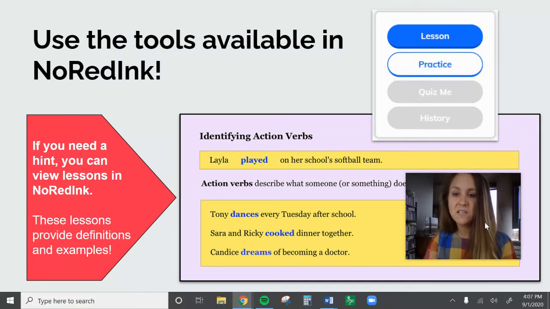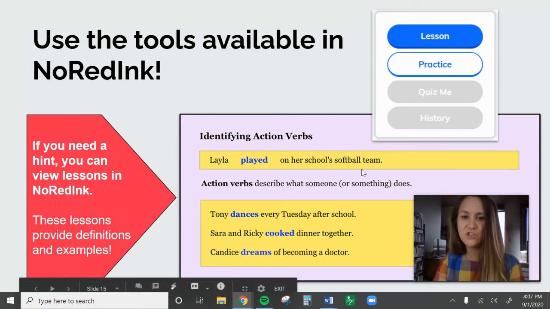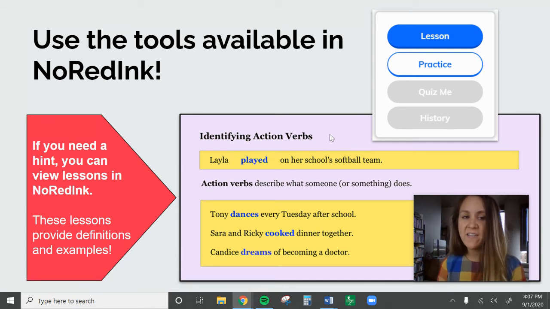On NoRedInk, when you click the little circle to do your practice, remember that there is a button that says lesson. Okay, so if you feel stuck, click on lesson because you'll see a whole bunch of purplish squares, just like this one, that will walk you through some of the rules. And that's a good thing to remember for all of our NoRedInk practice this year.